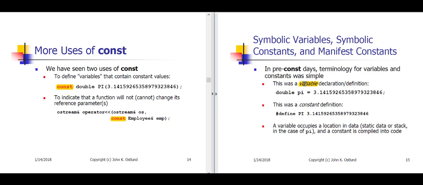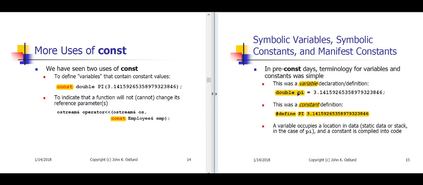You could have variables containing values, such as this double variable named pi that we've initialized with 3.14159, etc. And if you wanted to make sure that a value couldn't be changed, you would create something called a defined constant using this #define preprocessor directive. #define would cause some token, in this case the token PI, to be replaced in your code with some other text, in this case the text 3.14159, etc.